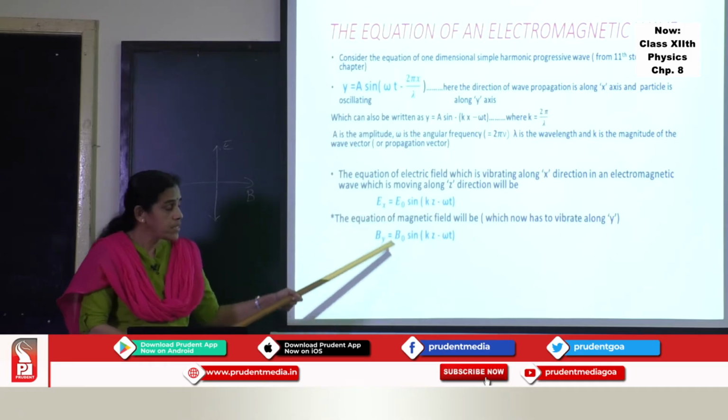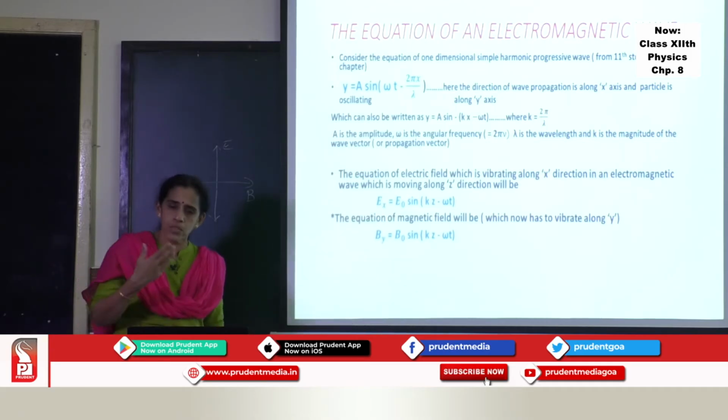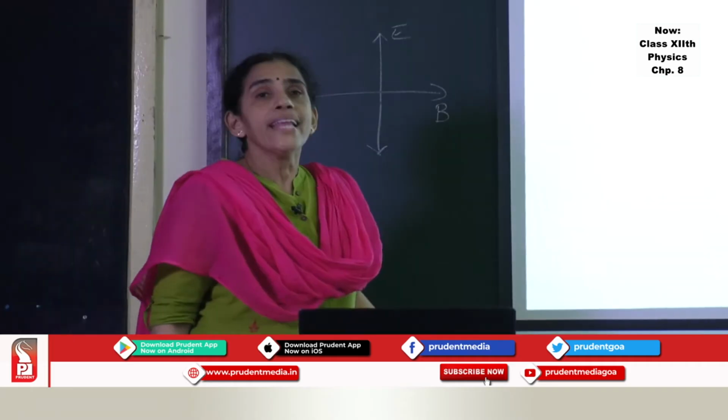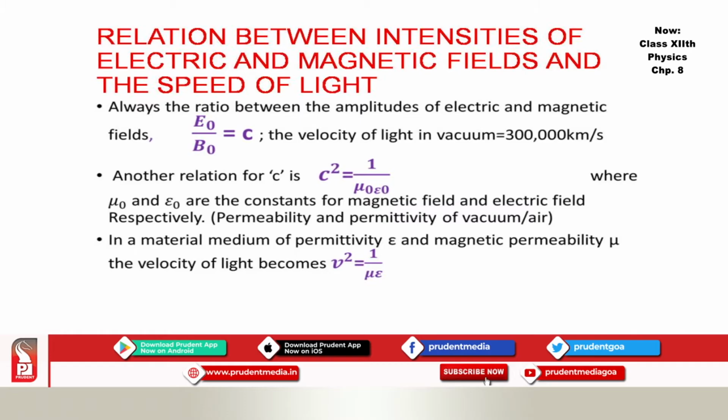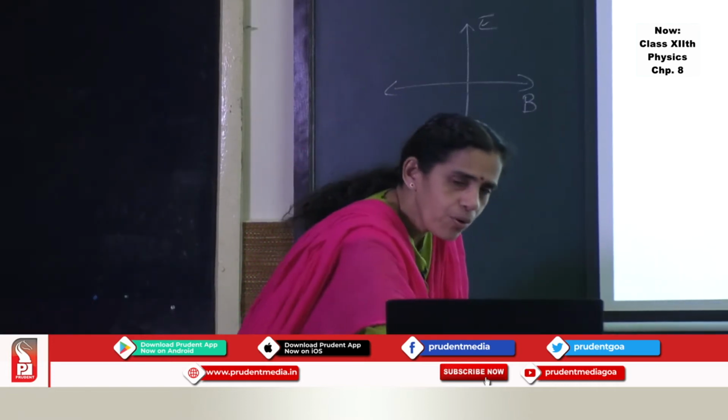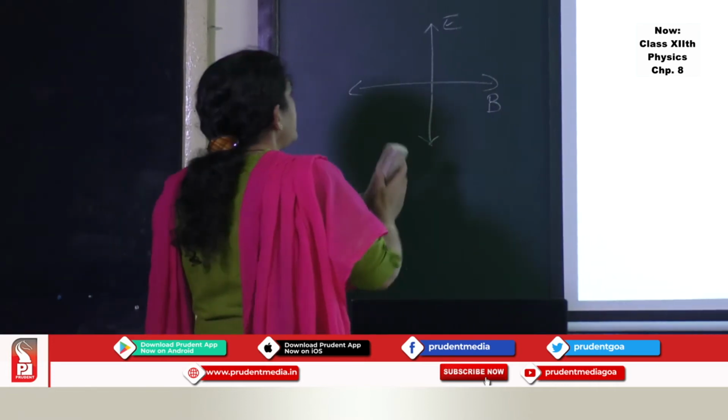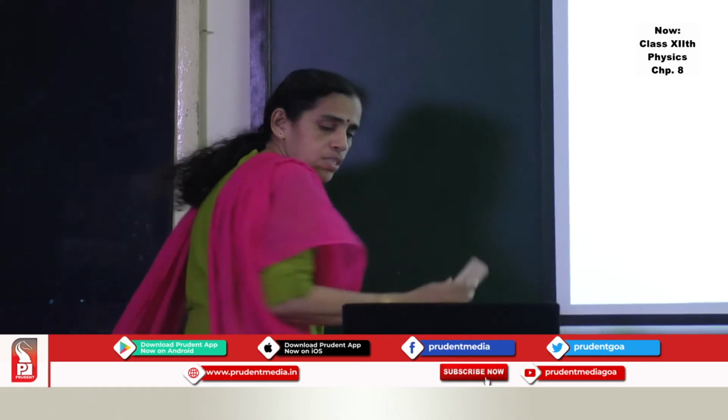Be familiar with these two equations. We will do problems using this later. Next is the relationship between the electric and magnetic fields and the speed of light. Before I show you, let me just do some calculation.